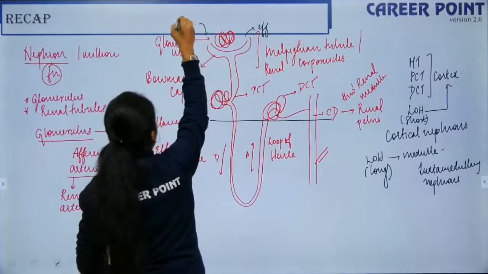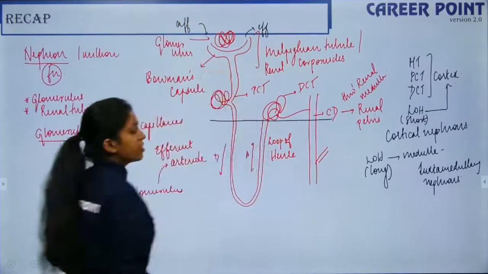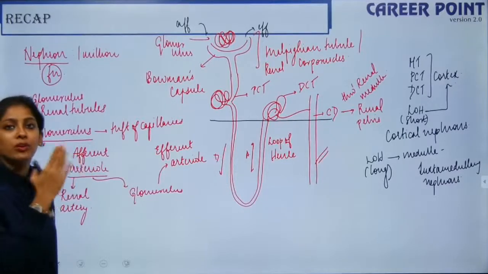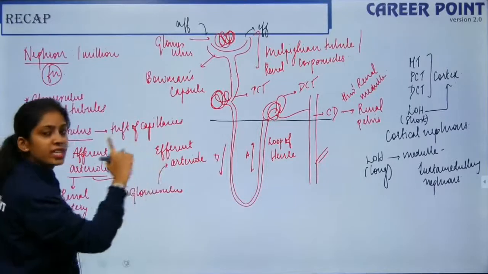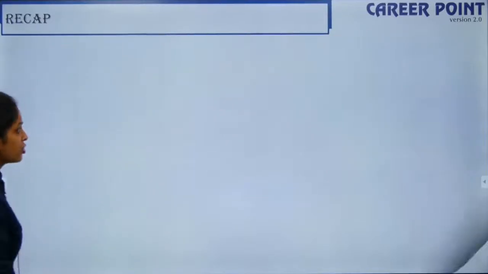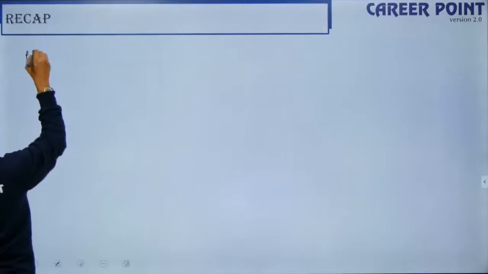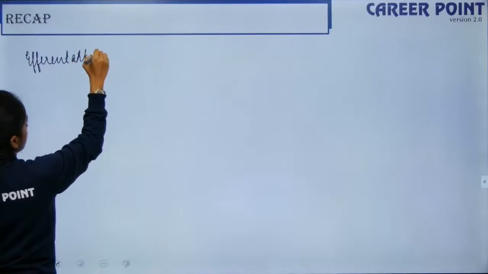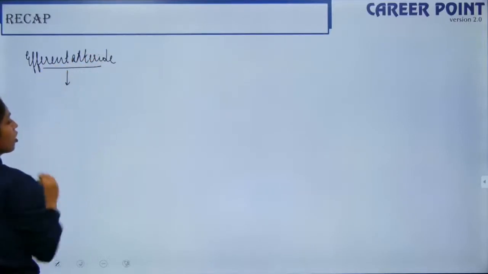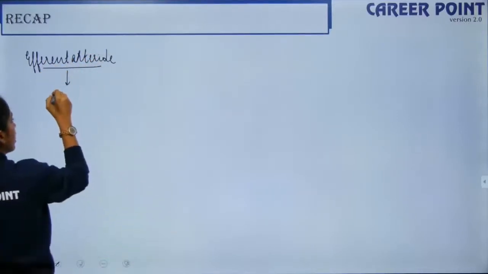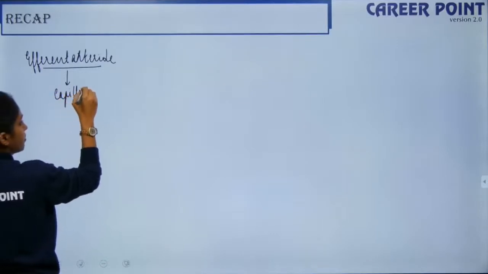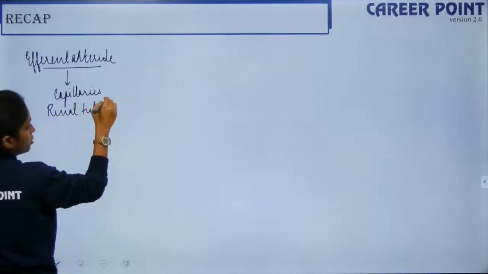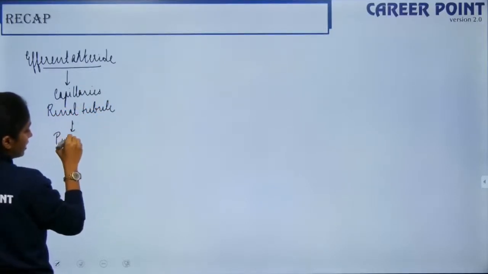This efferent arteriole forms a network of capillaries around your renal tubules, which is known as peritubular capillaries.